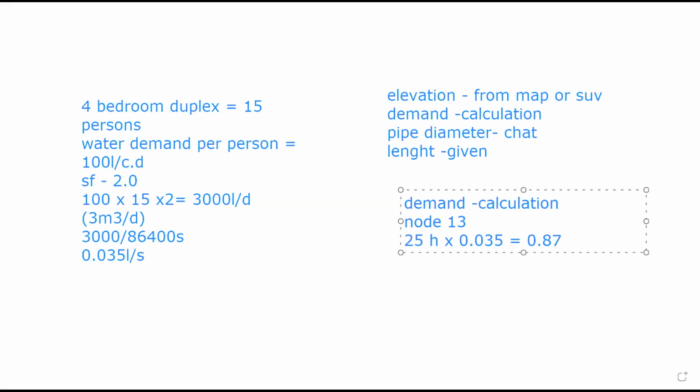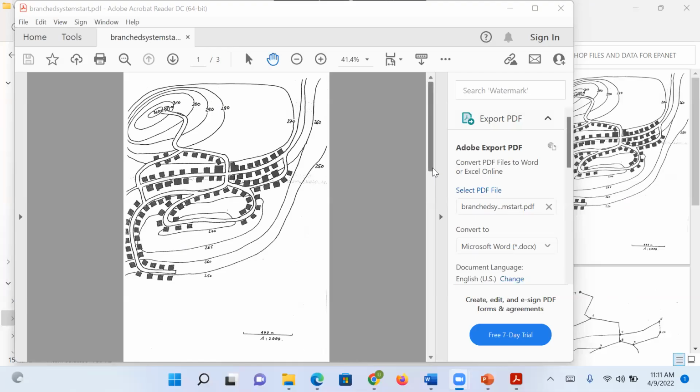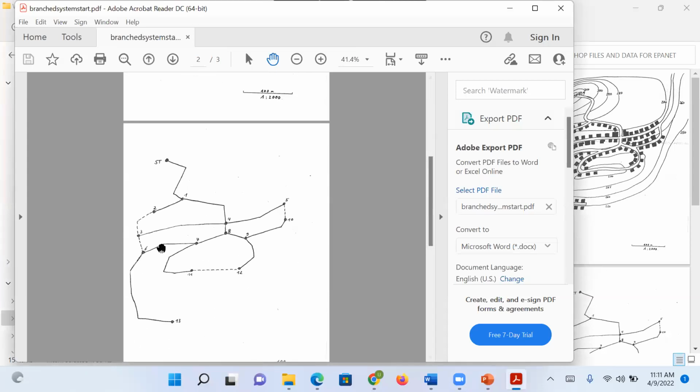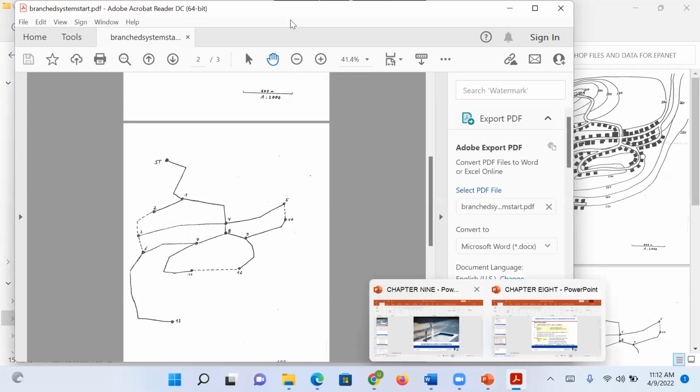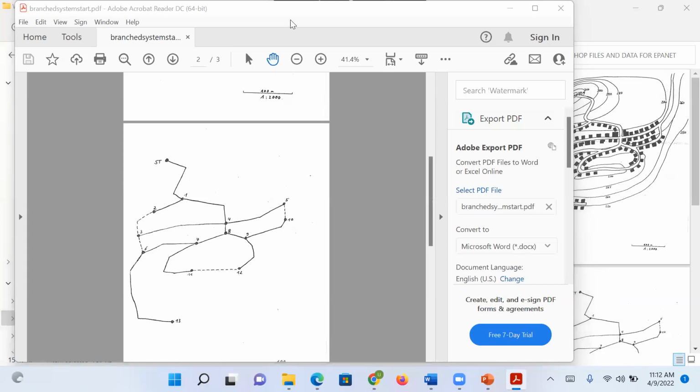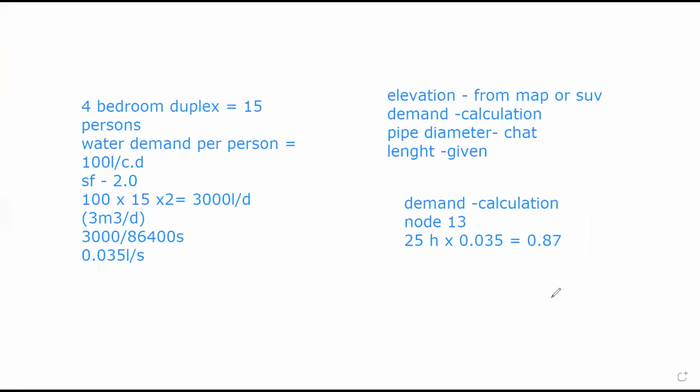So for node 6 now, we have 8 houses: 4 this side, 4 the other side. The other side are not built yet, but they will be built. It is in the plan, in the layout. So now I'll do 8 multiplied by the demand of one house.